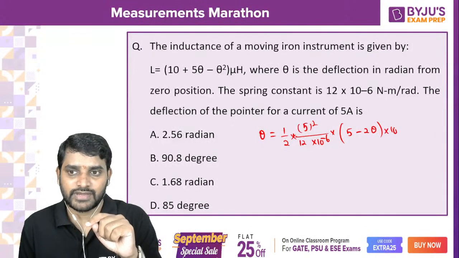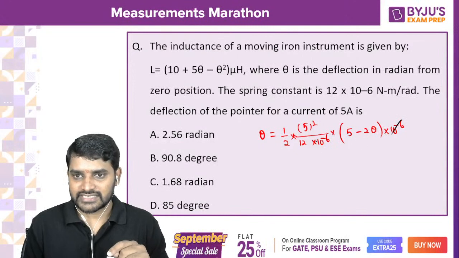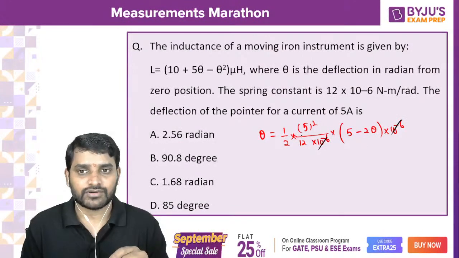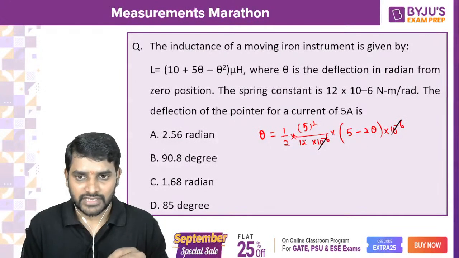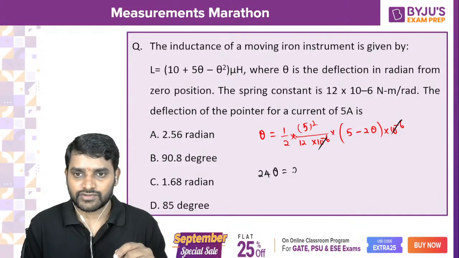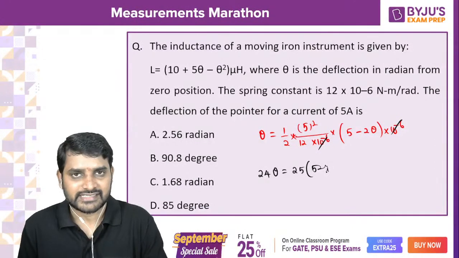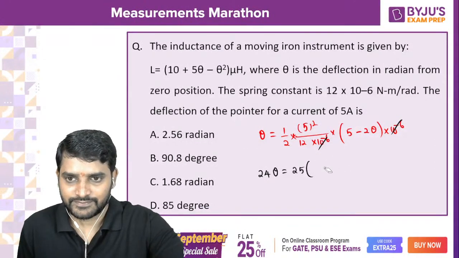So do not miss this micro. Micro gets cancelled. Now 12 times 2 is 24, and in the numerator I have 25. I am just cross multiplying here. So 24 theta equals 25 into (5 minus 2 theta).